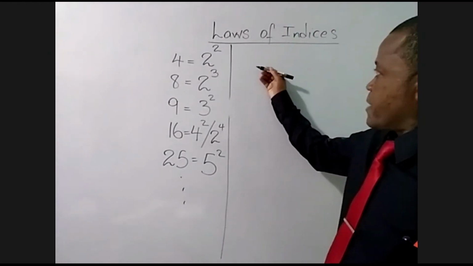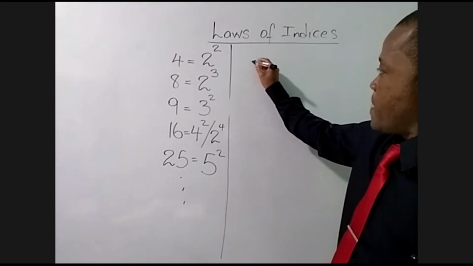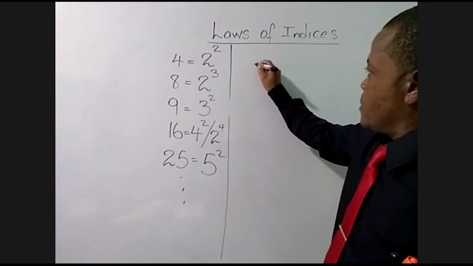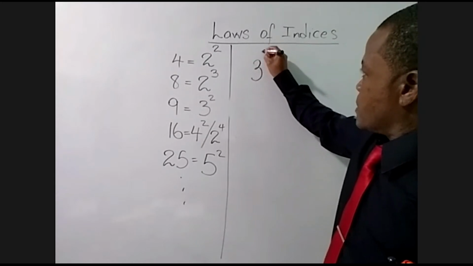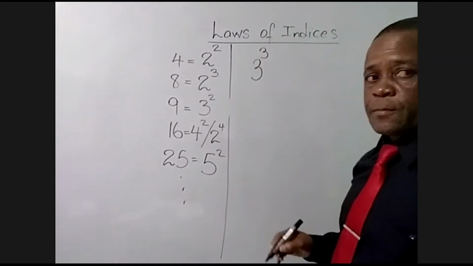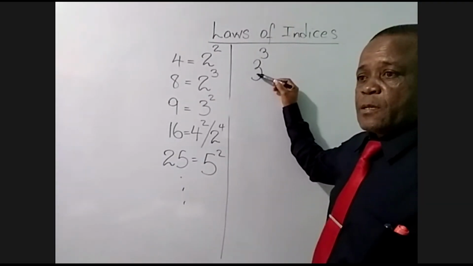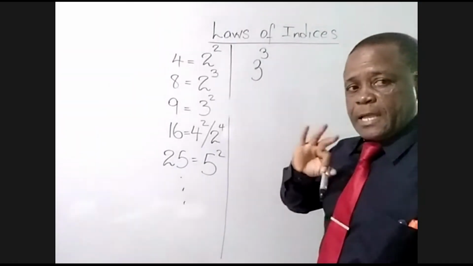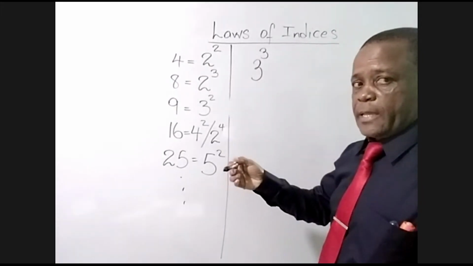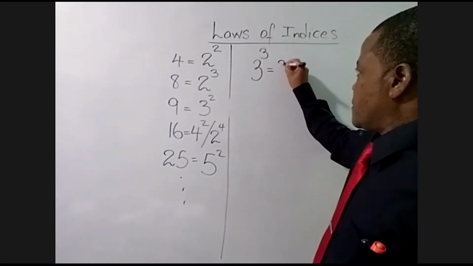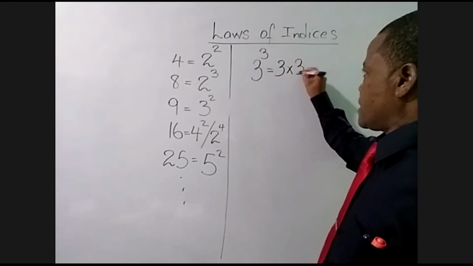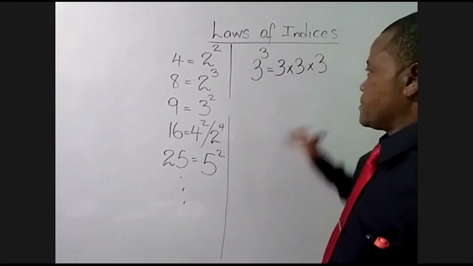Now, if I should write, say, 3 to the third power, then this is actually saying to you the base must be written 3 times, and then you should multiply. So this now becomes 3 times 3 times 3.